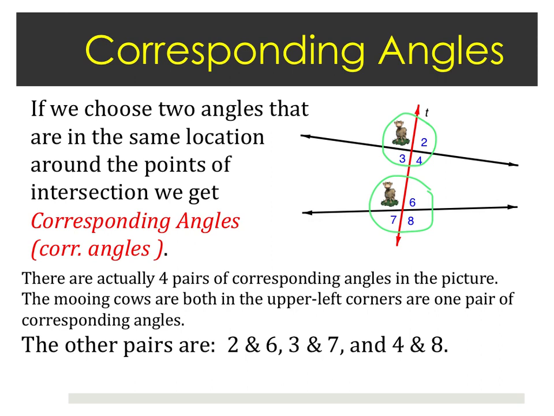There's going to be 3 others that have that same location. So like angle 2 is on the top right, so is angle 6. Angle 3, where it's located, angle 7 has that same location, and 4 and 8. So those are corresponding angles. There's 4 of them in any type of 2 lines being intersected by a transversal.